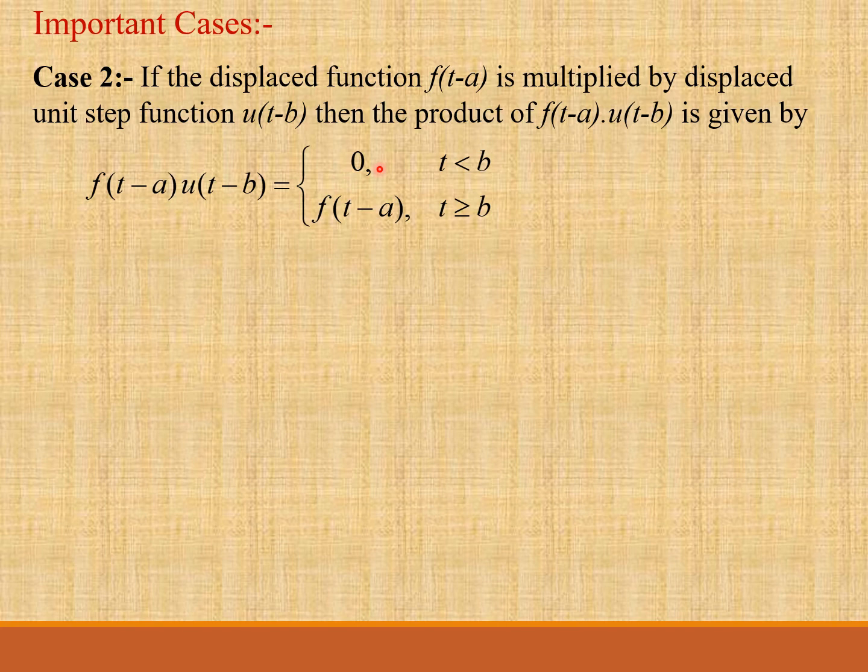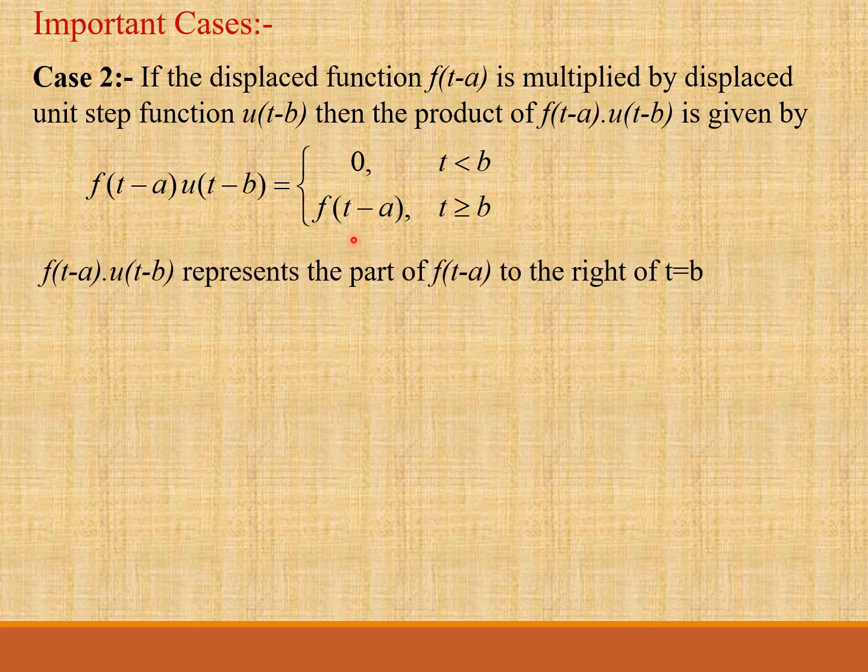One value is 0, for t less than b, and the other is f(t−a) for t greater than b. This is because u(t−b) is 0 for t less than b, and has a value 1 for t greater than or equal to b. That's why f(t−a)·u(t−b) has two values, 0 and f(t−a).